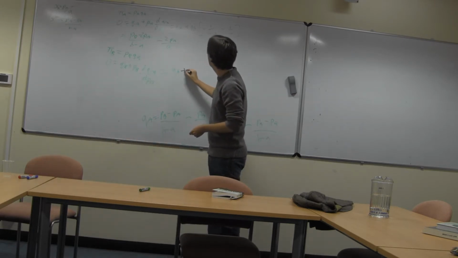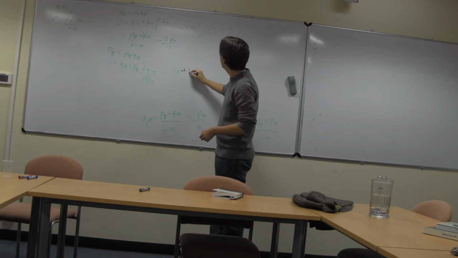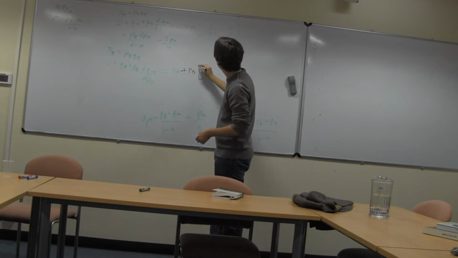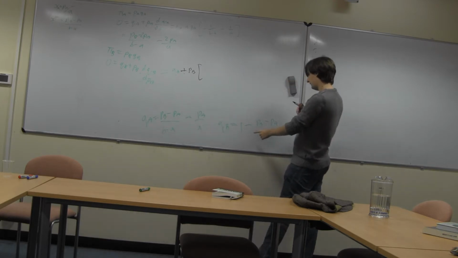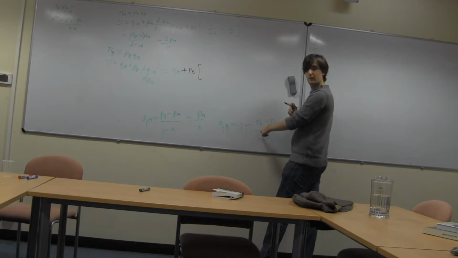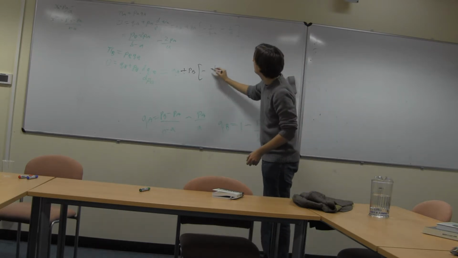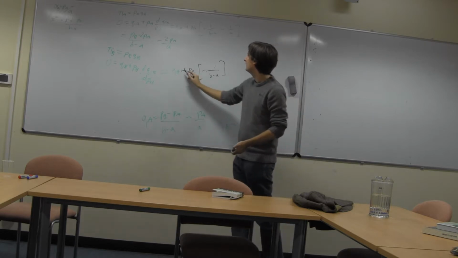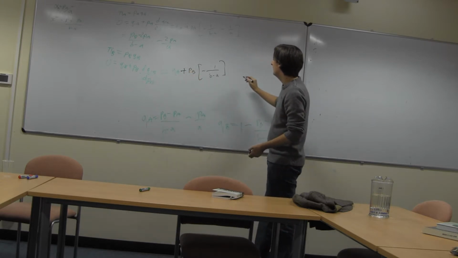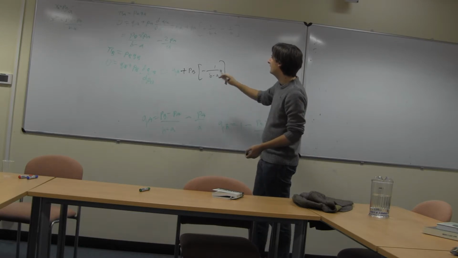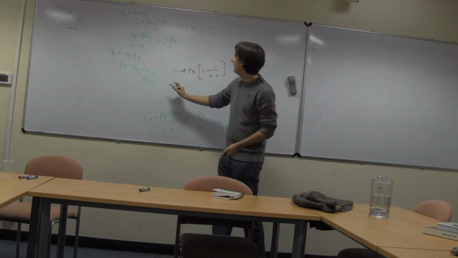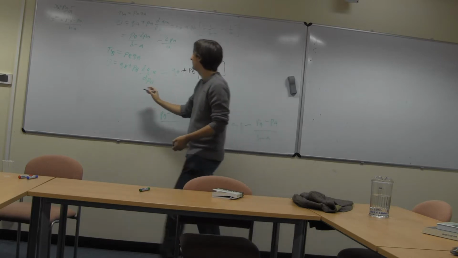So this is QB plus PB times, okay, the derivative of QB with respect to PB is minus 1 over (B minus A). And again, let's expand this because we know what QB is.